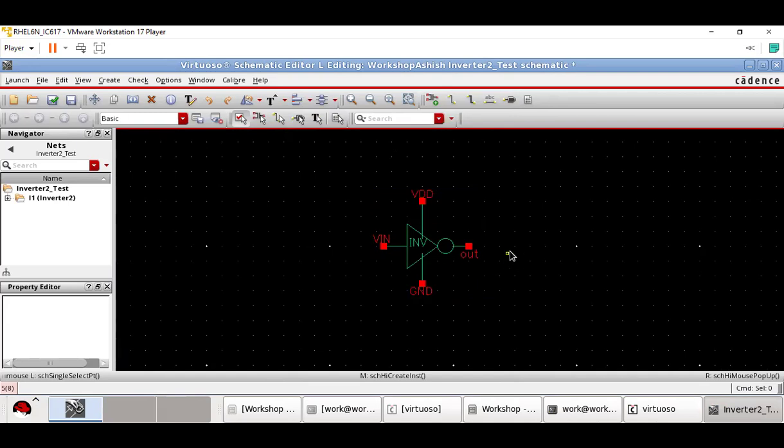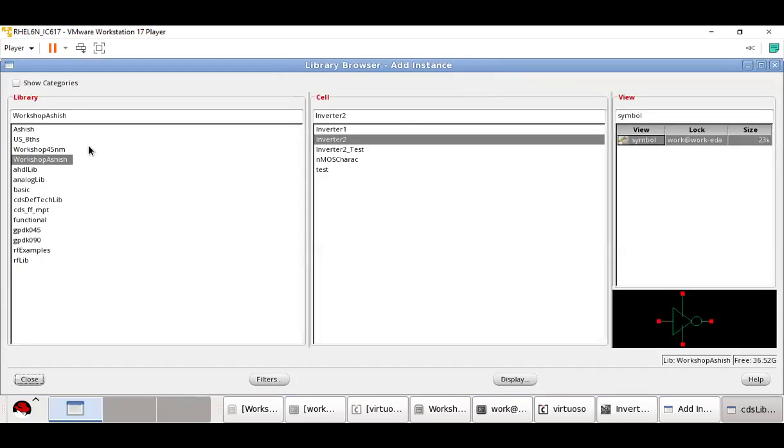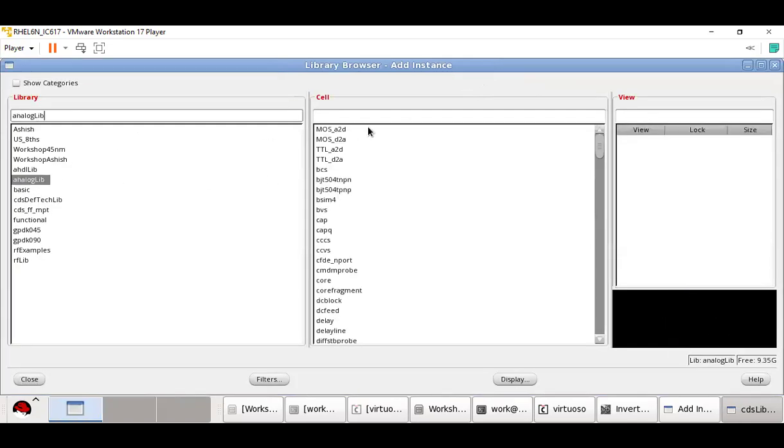Now let us test this symbol. I will not go to GPDK. I will go to the analog library only. I will select ground.